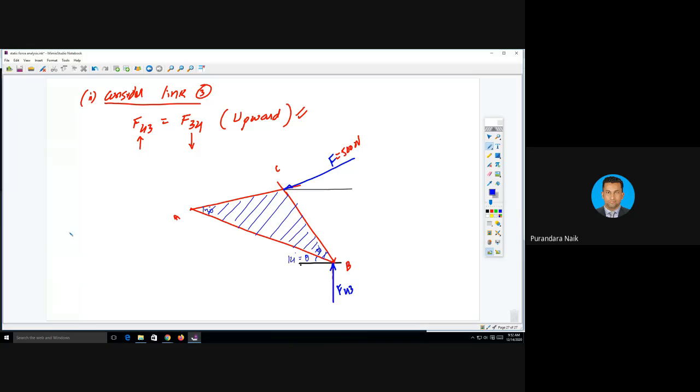Now link 3, write down below this. Link 3 is a 3-force member. What is the condition according to static equilibrium?